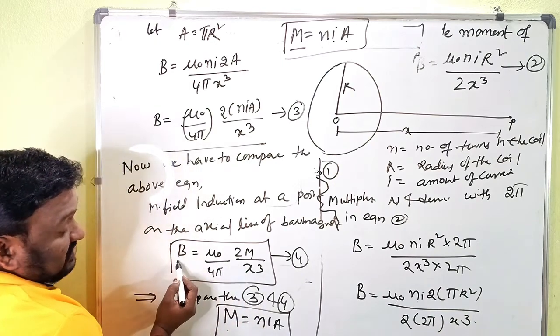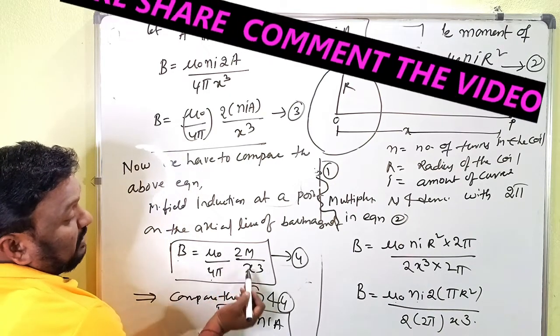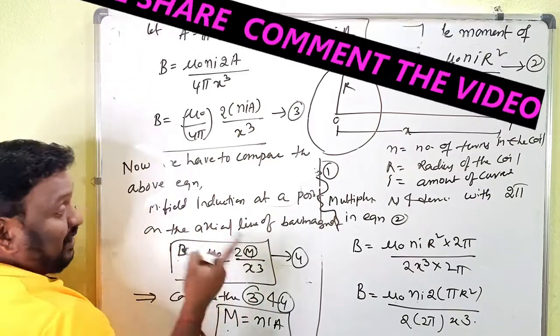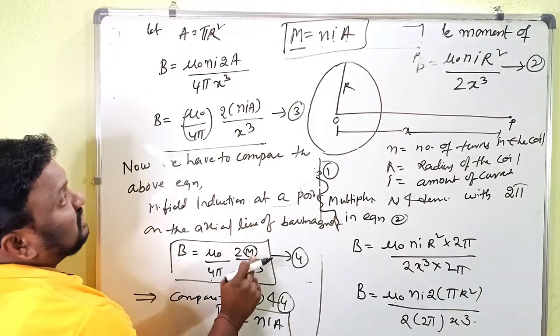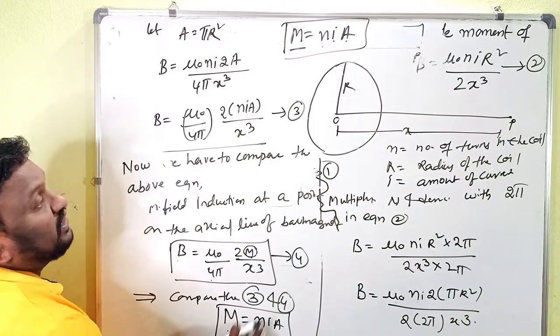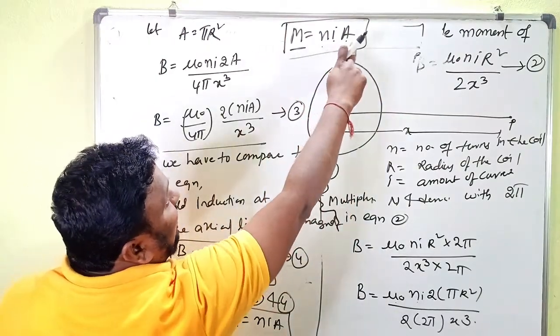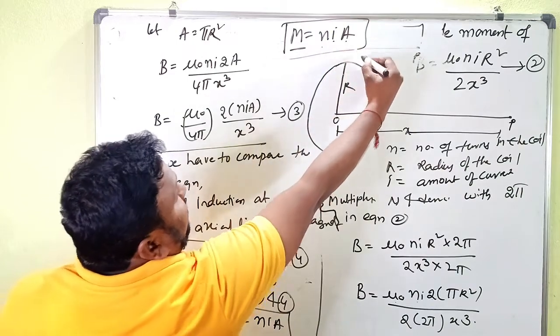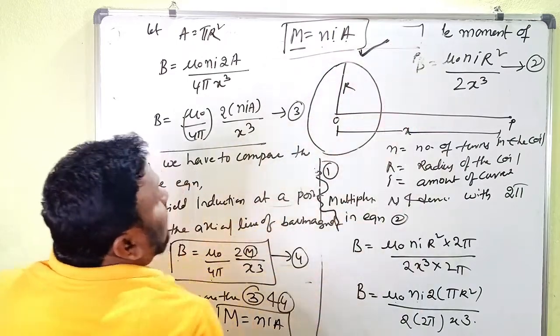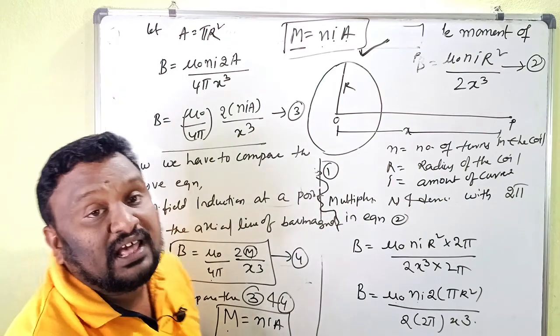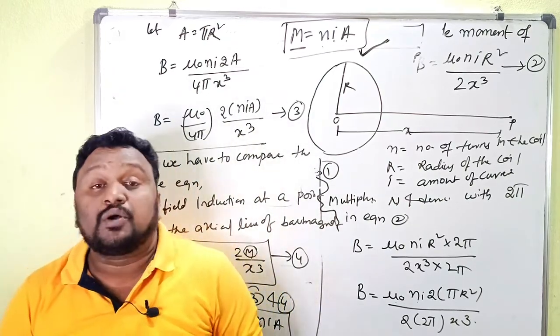So here B is equals to mu naught by 4 pi into 2m by x cube, in which M is the magnetic moment. This magnetic moment is nothing but the dipole moment of the circular coil, that is M is equals to n I A. In this way we can derive the expression for the dipole moment of a current carrying circular coil.